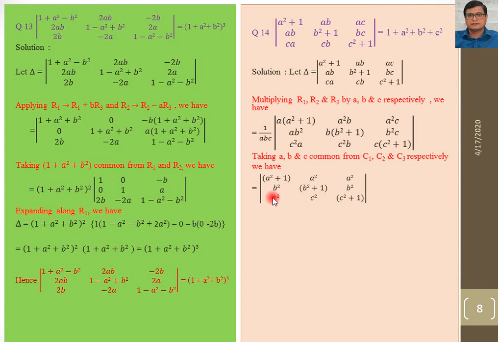When we apply R1 to R1 plus R2 plus R3, we have 1 + a² + b² + c² as a common element in R1, and after that we can take 1 + a² + b² + c² common from R1. So we get 1, 1 and 1 here. Similarly other elements are also coming.